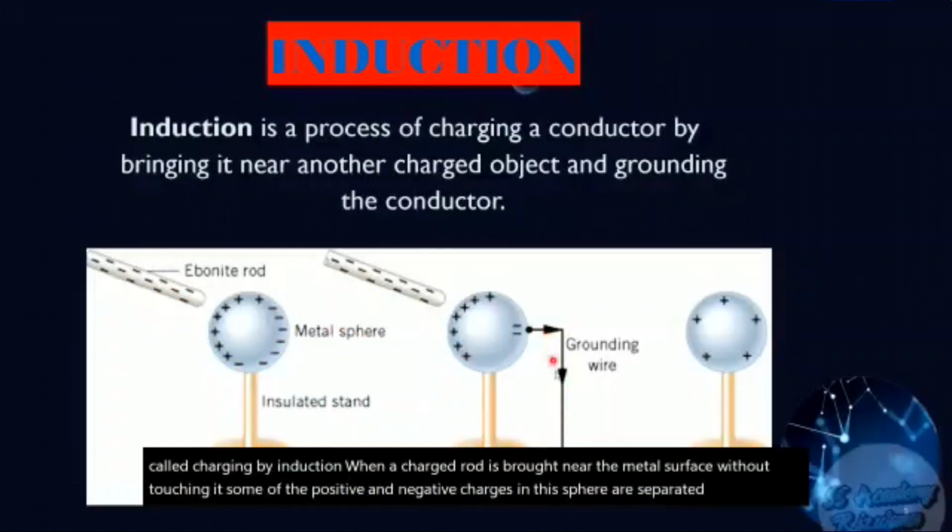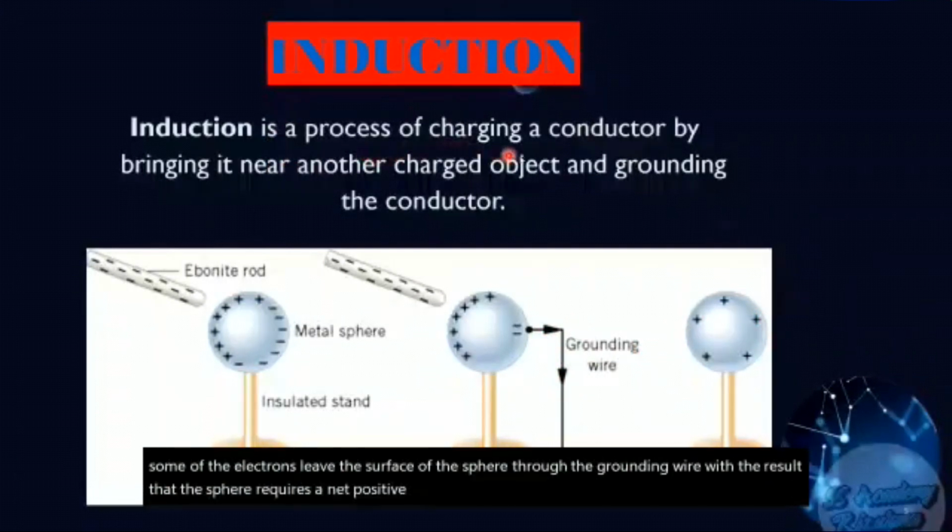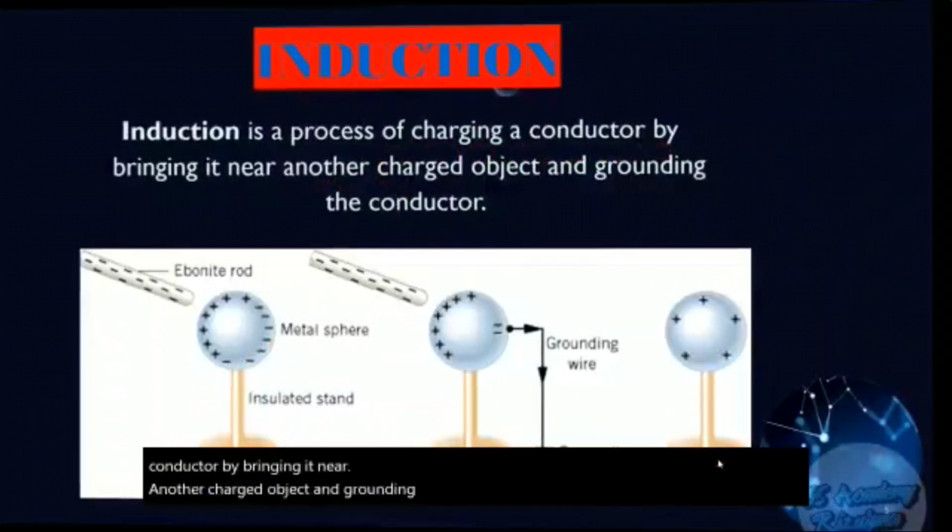Similarly, some of the electrons leave the surface of the sphere through the grounding wire, with the result that the sphere acquires a net positive charge. So induction is a process of charging a conductor by bringing it near another charged object and grounding the conductor.